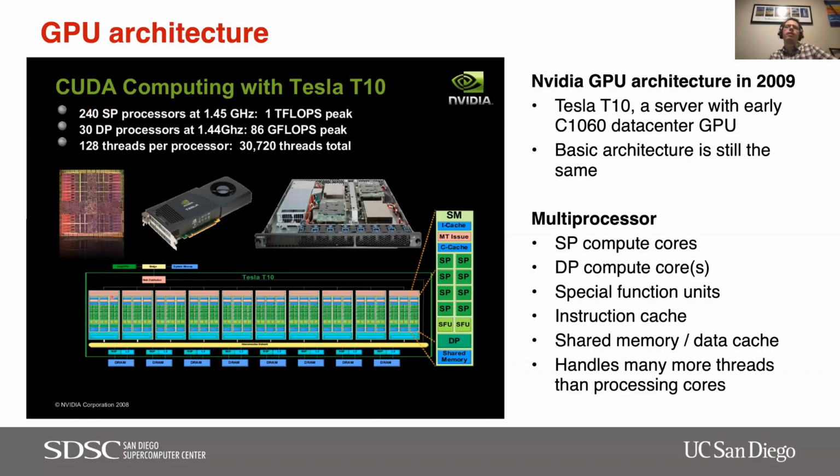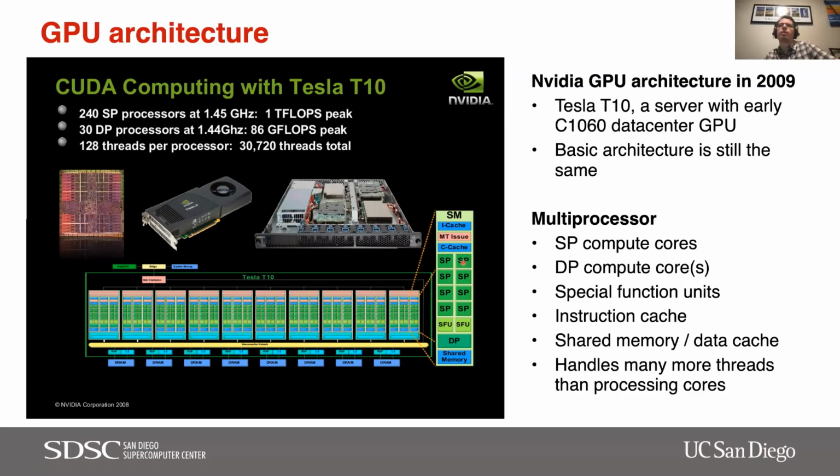basically what we have is several of these so-called multiprocessors. So you see them here. There's 1, 2, 3, 4, 5, 6, 7, 8, 9, 10 in this schematic here. Each of those multiprocessors, think of those as different CPUs, if you want, like different sockets, sort of.